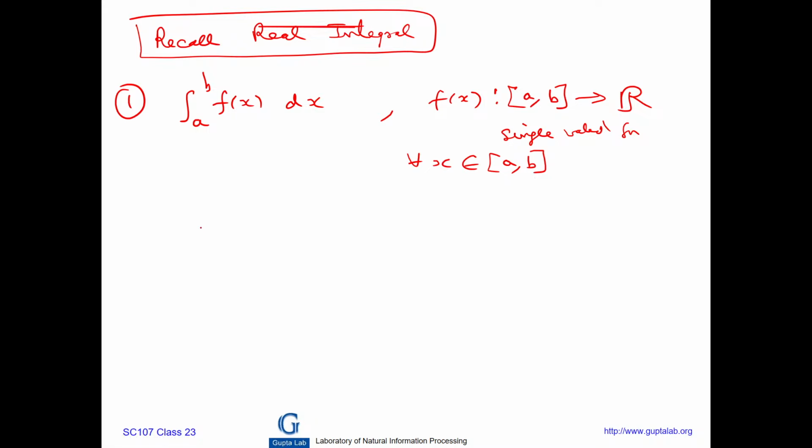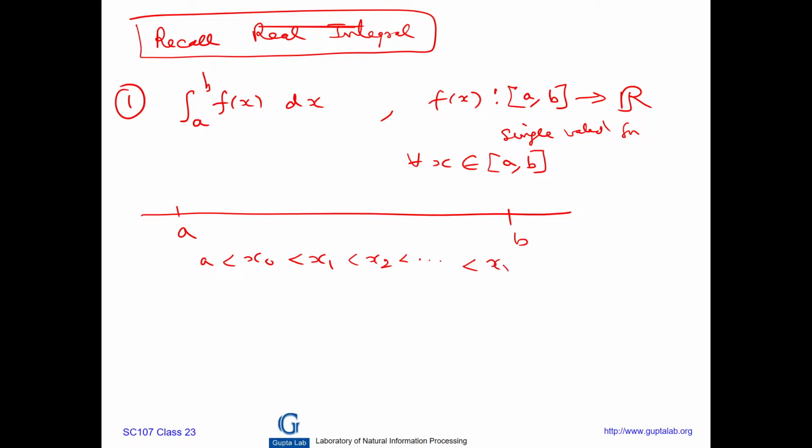Now what I do, I take this closed interval a b and divide it. So I say that a less than x naught less than x1, and so on. I do a partition of this. So this is a partition P. So I take the interval and I'm partitioning the interval.